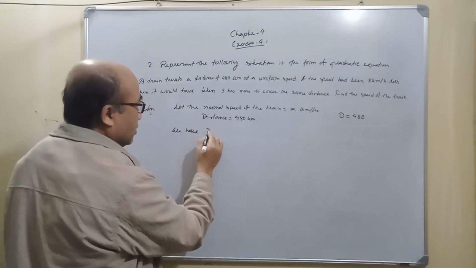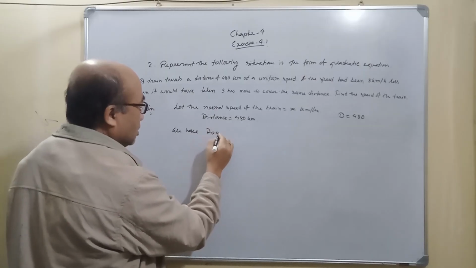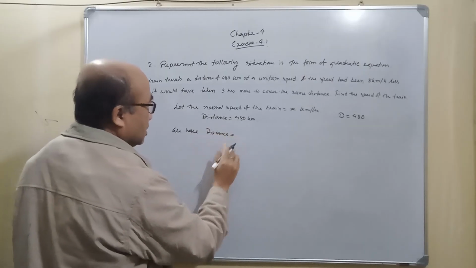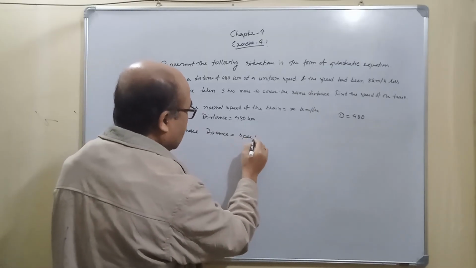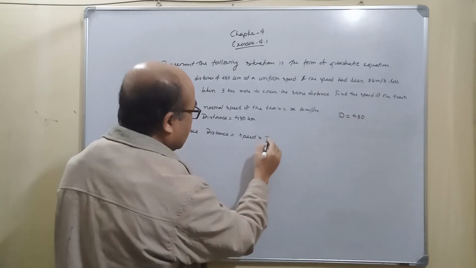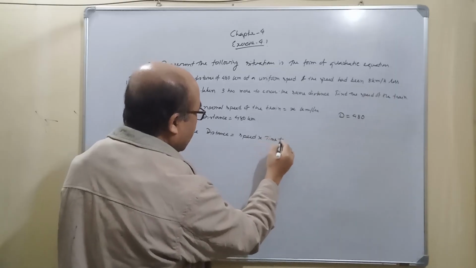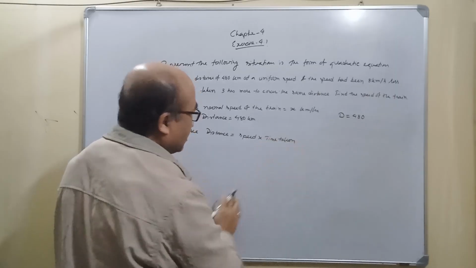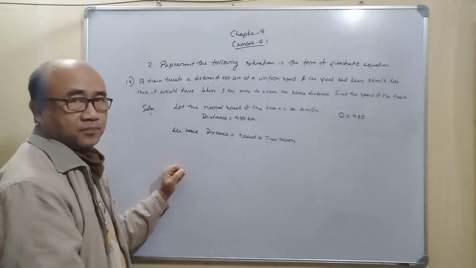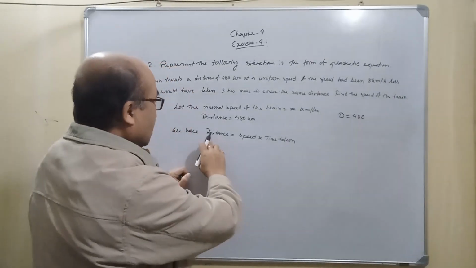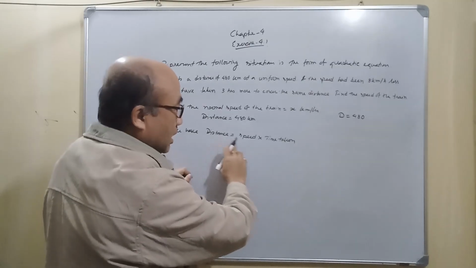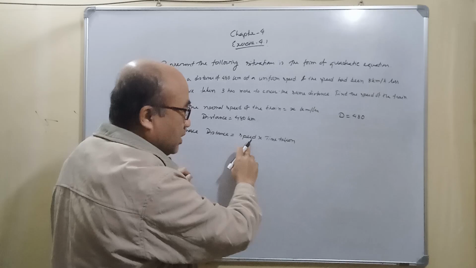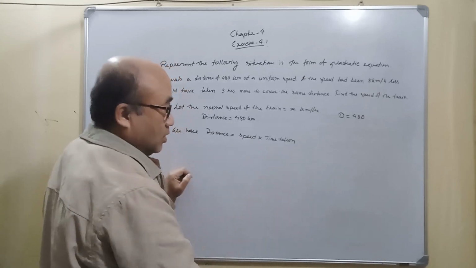Now we have speed, time taken. This is a formula. Distance covered can be achieved by multiplying speed with time.